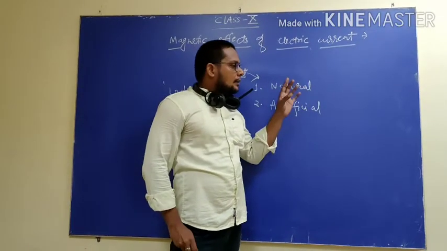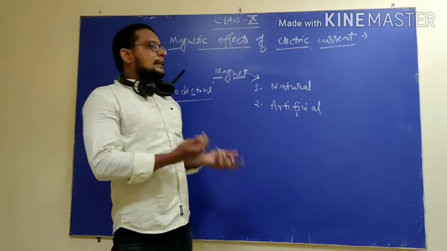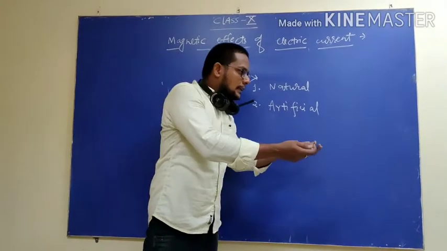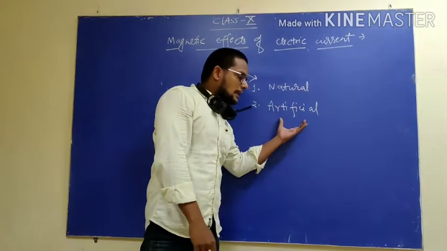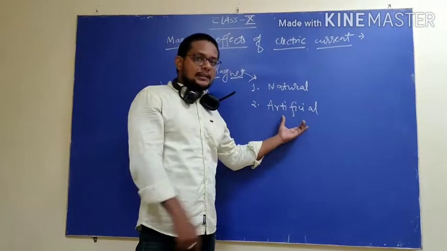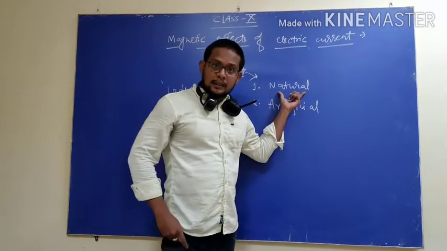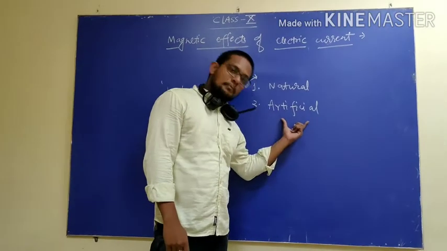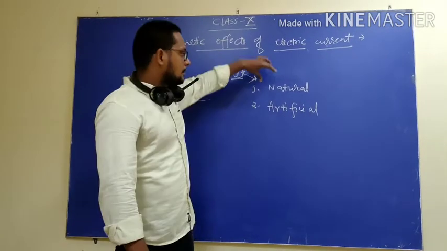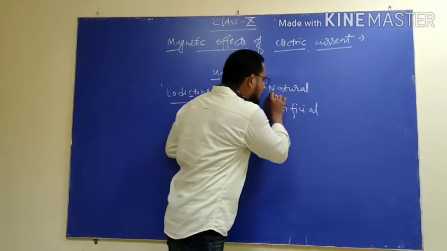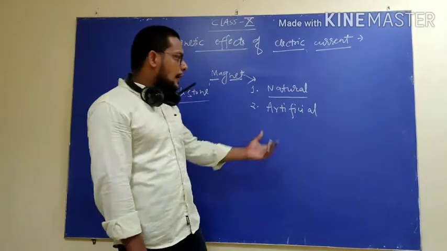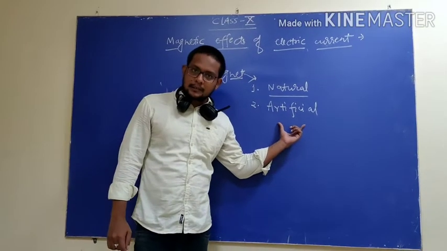Natural magnets occur in nature. We use them directly. Artificial, the man-made magnets, are called artificial magnets. This is not a man-made magnet. This is a man-made magnet.